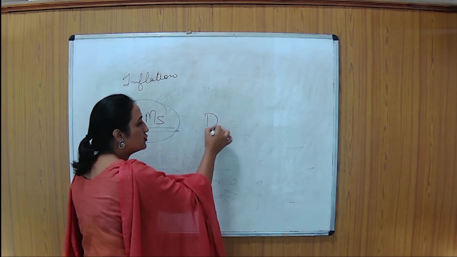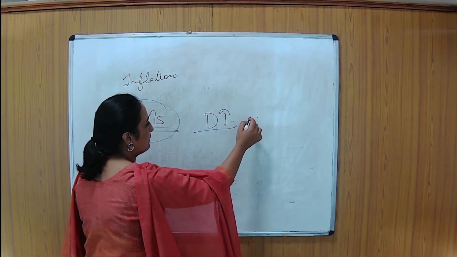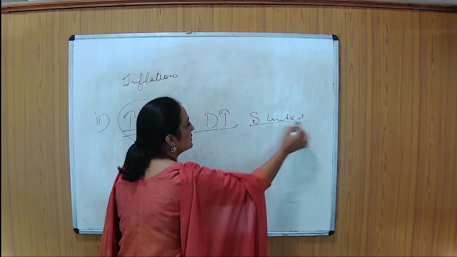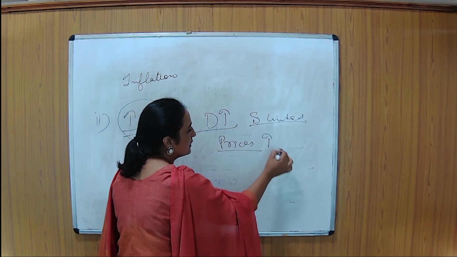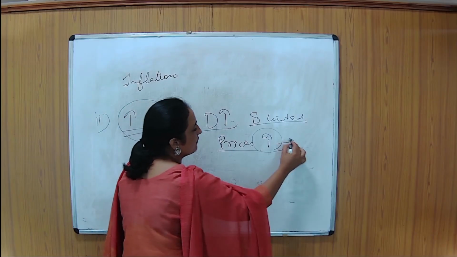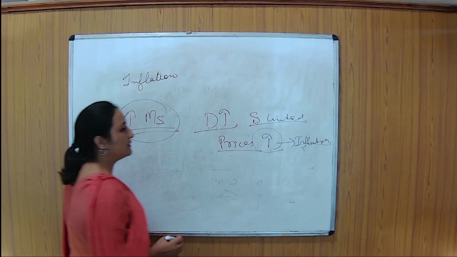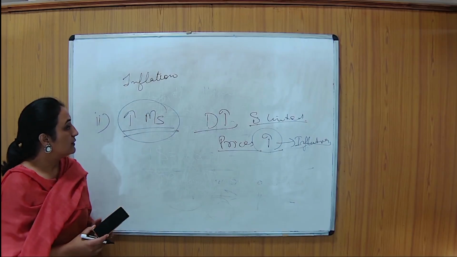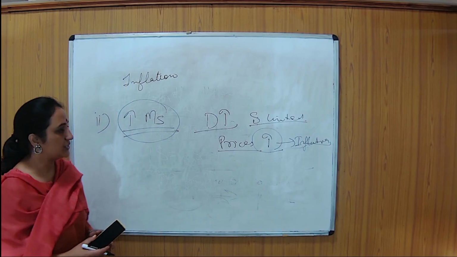If they demand more, and supply is limited, then what happens? Supply is limited, you can say constant, then prices of those goods and services will increase, and that will result as inflation.